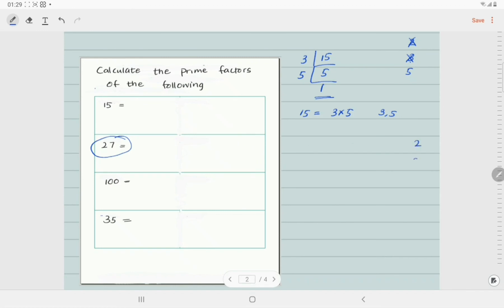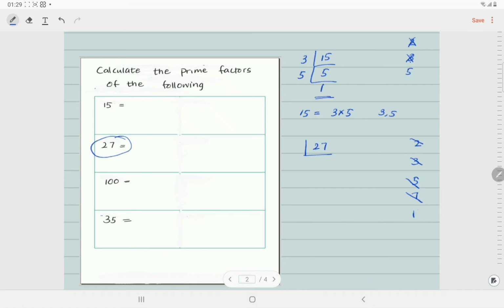Let's see which prime numbers we can use to divide 27. So 27, I cannot divide it by 2, I cannot divide it by 3, not by 5, not by 7.